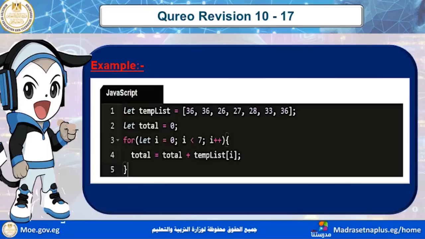Let temp list, this is the name of the array, and this array contains 7 values. Let total equal 0, and for i, this is a counter, for i equals 0, i less than 7, i plus plus. Each time we add the new item in the list to the total, and the result will be the variable total. So we can get here the average value of temperature.